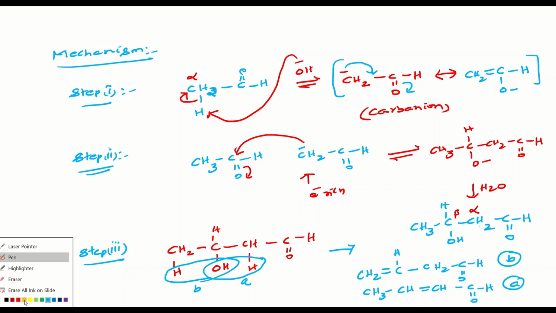As soon as we eliminate water, you generate a new bond. Here, between these two carbons, you generate a new bond if you eliminate H and OH. Similarly, if you eliminate H and OH on the other side, we generate a double bond there as well. Here this is not favorable, this is favorable. That is why we call it an alpha, beta unsaturated carbonyl compound. What is the reason? In case of A, the double bond is undergoing resonance with the carbonyl group, which here is an aldehyde.